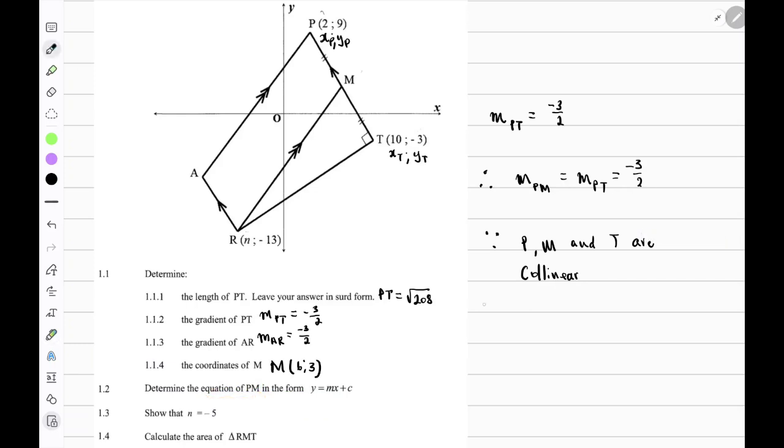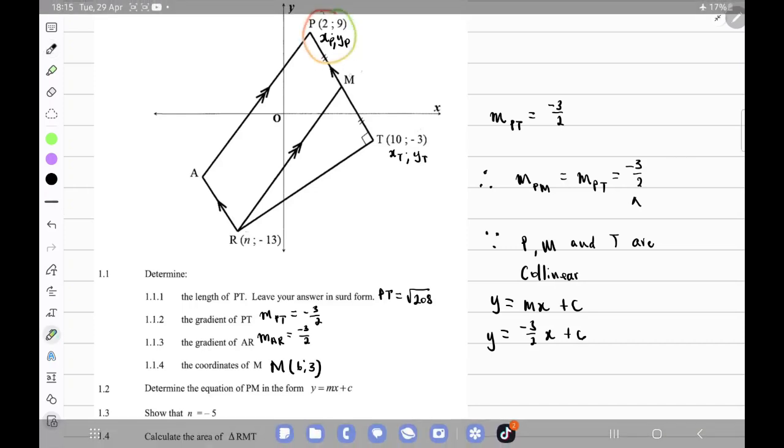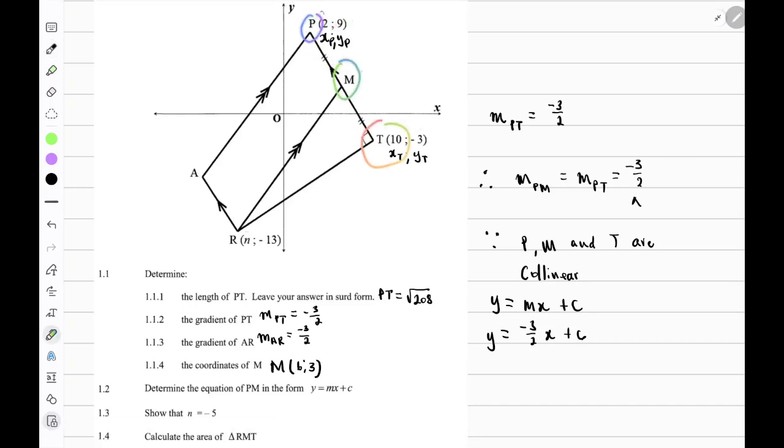So let's start by writing the standard form of the equation: y equals mx plus c. We can substitute the gradient, so y is equal to minus 3 over 2 x plus c, and we can substitute the coordinates of any of these 3 points to find the c value.